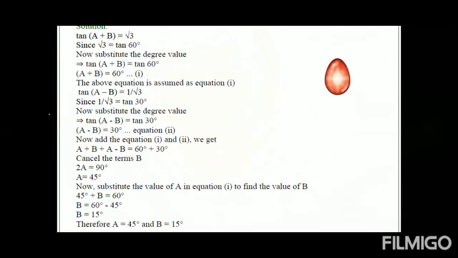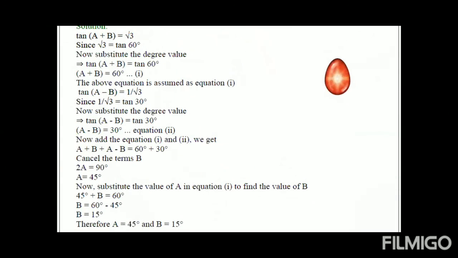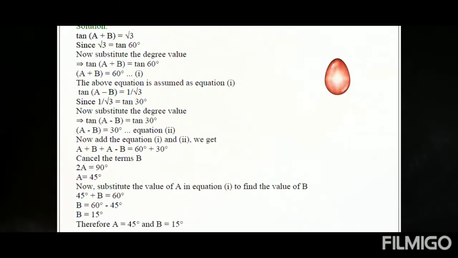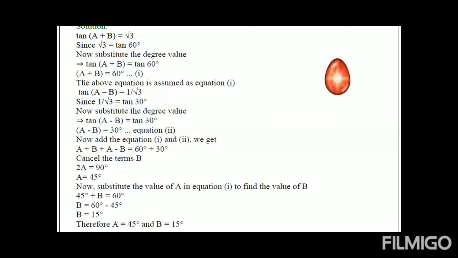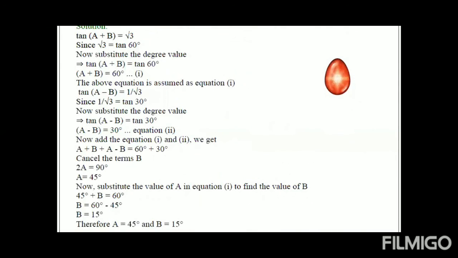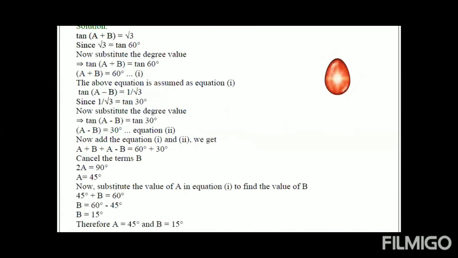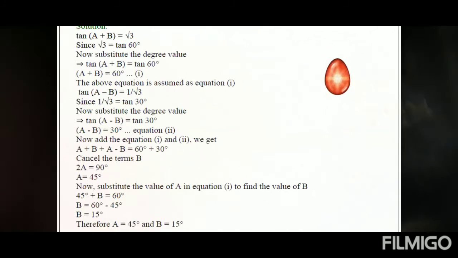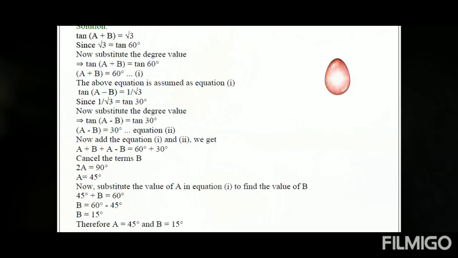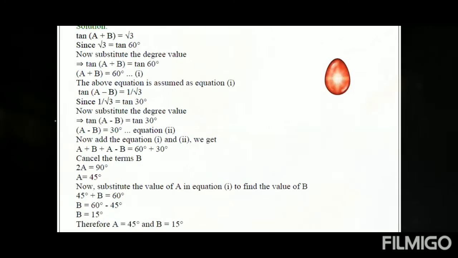Okay, third question. If tan of A plus B equals root 3, tan of A minus B equals 1 by root 3, 0 degree is smaller than A plus B and smaller or equal to 90 degree. Angle A is bigger than angle B. Find A and B. You saw this in an example sum.